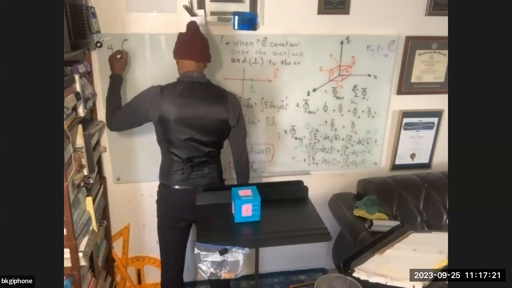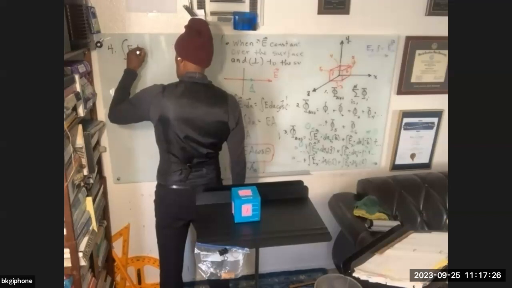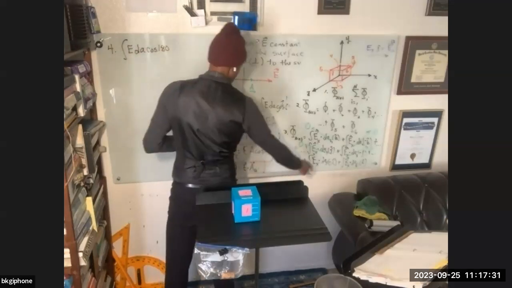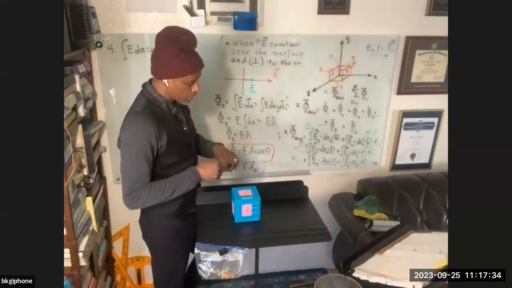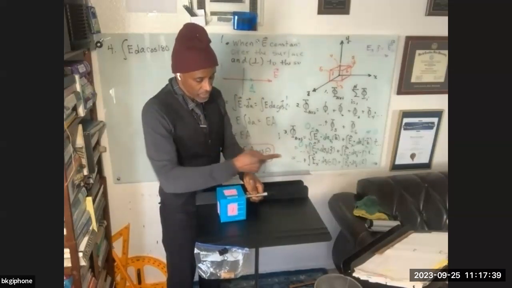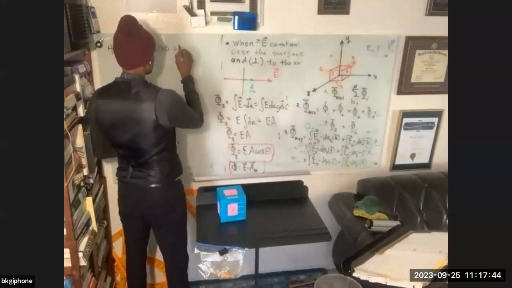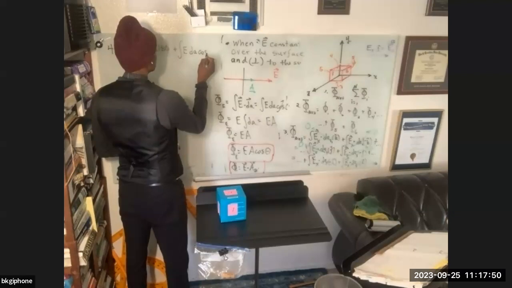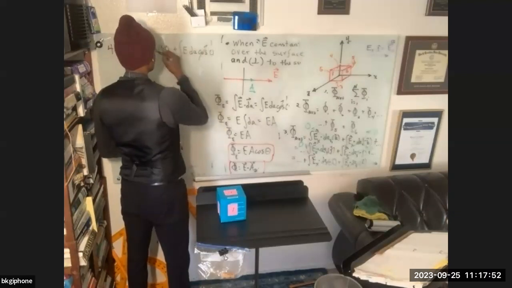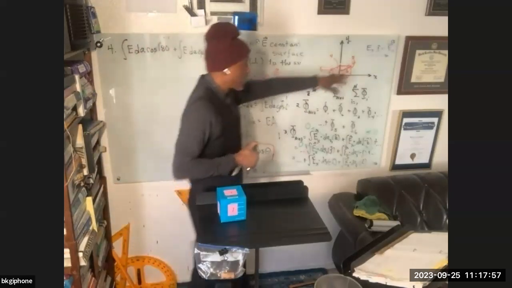We have E times dA times the cosine of 180 degrees. And then for the other side, they are parallel, right? This is side 6. A for side 6 is pointing in the x direction, but E is also in the x direction, so the angle between them is 0. So plus integral of E dA cosine of 0. Well, that guy is 1. This guy is -1. E is a constant over the surface. That's what we said.